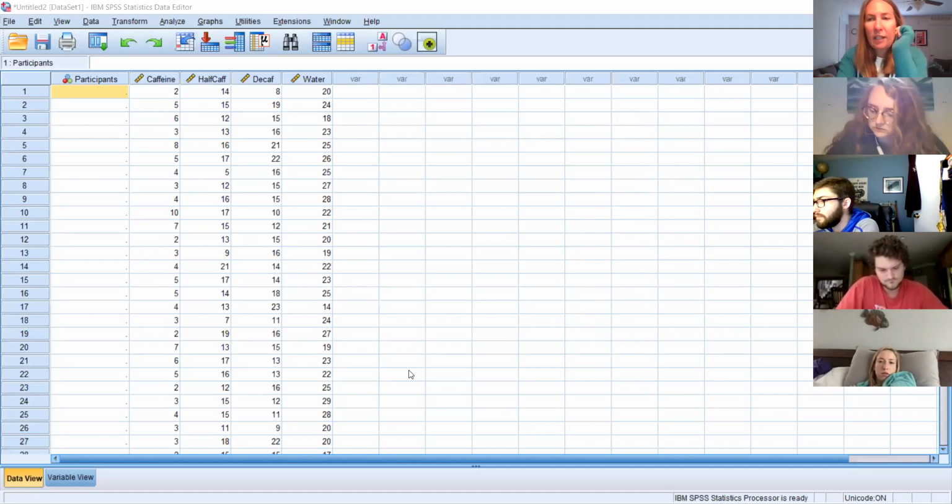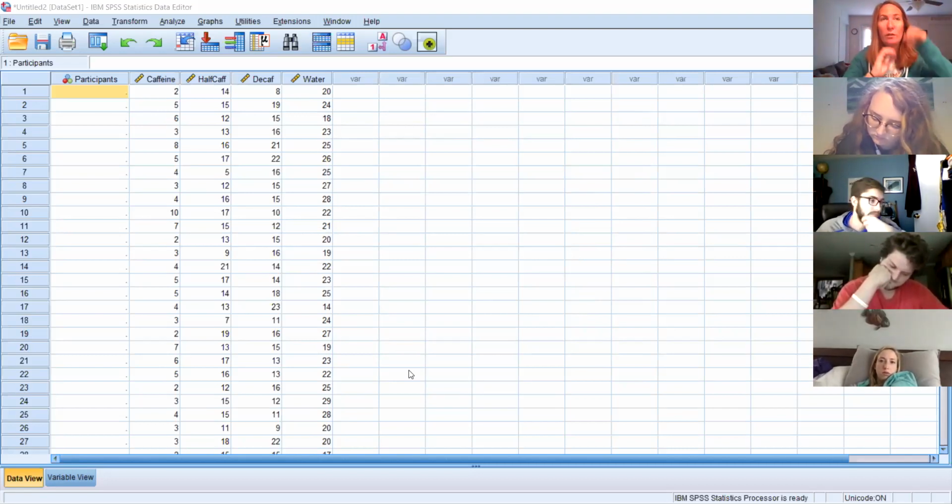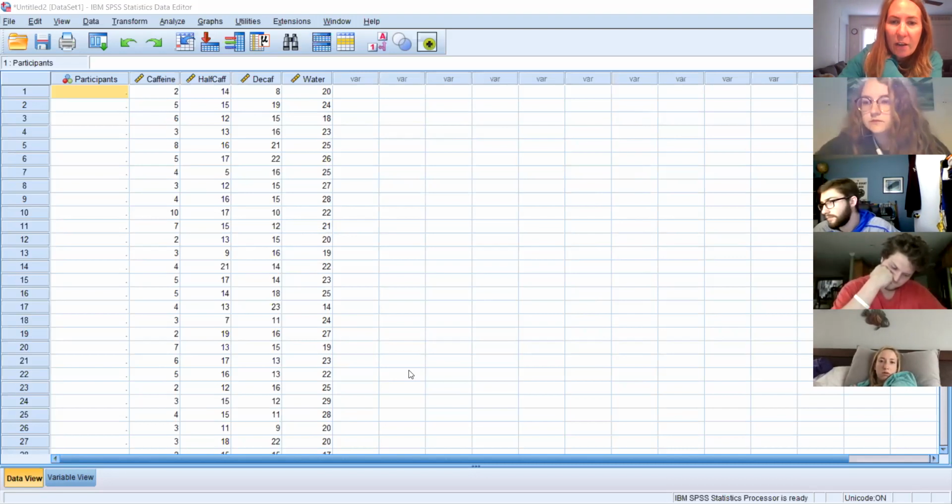So this is testing, we have this assumption that we have a normal distribution. It's normally distributed. We have a normal curve. And when I talk about the F, I'll talk about how it's related to the Z-score, the standard normal distribution. We assume that we have a normal distribution, and this is telling us whether we have a normal distribution or not.